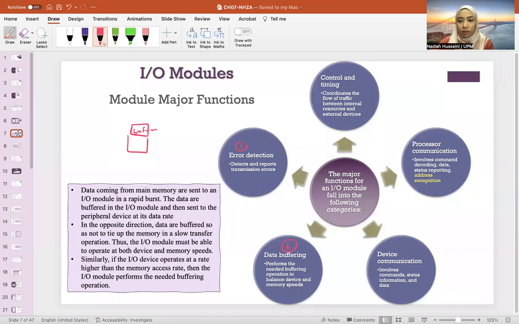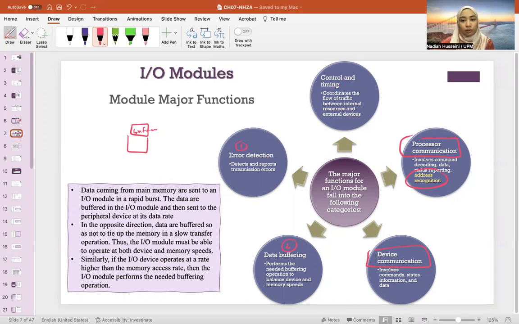Now, the difference between processor communication and device communication is that processor communication requires address recognition, whereas device communication only involves command, status, information, and data. Processor communication does that as well, and in addition with address recognition. So processor is highly complex, so it does something extra, right?